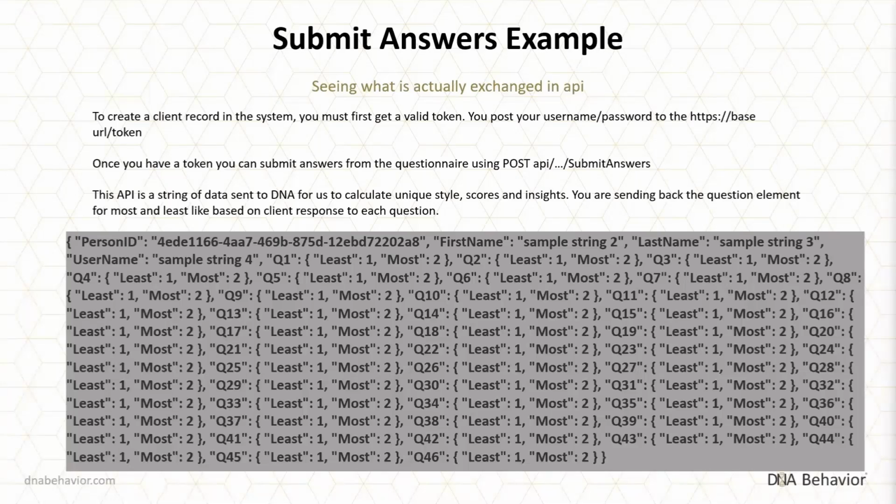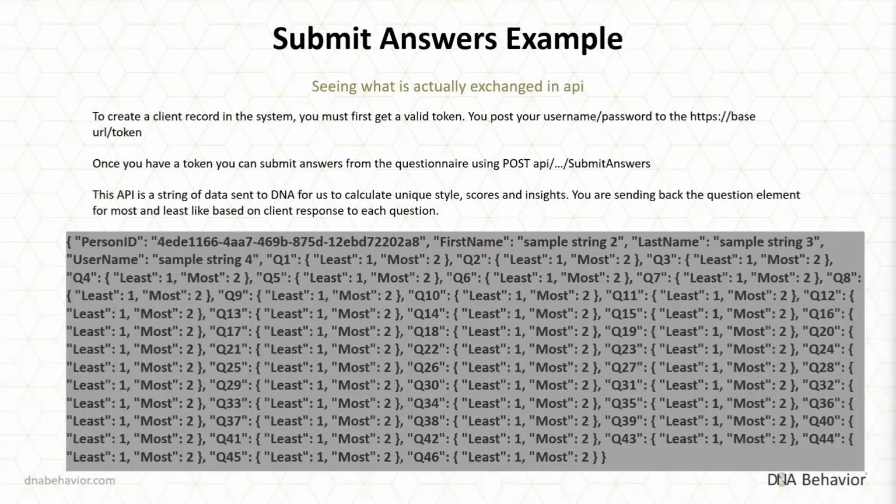Now in this example, they always chose the first one as least like me and the second one as most like me. In your real data, you'll probably see something like least 2, most 3, least 3, most 1, least 2, most 3. So there will be a variety of combinations, but you will send us the response for 46 questions. And it will look like this.